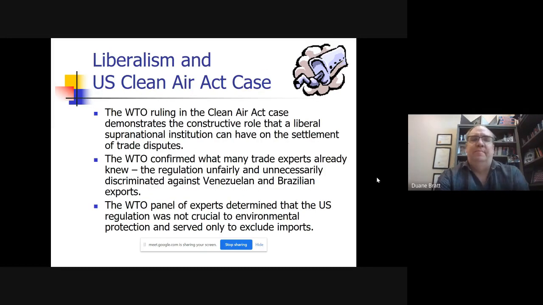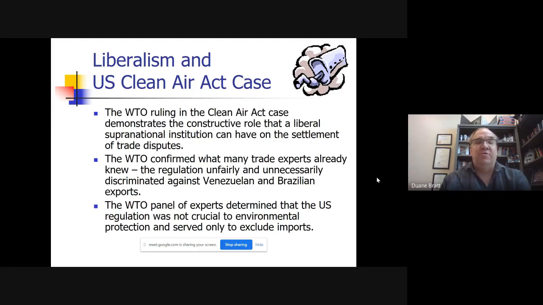What about liberals? Well, the liberal perspective is that the WTO ruling shows how important supranational institutions can be in settling trade disputes. And it shows that the WTO, by having a robust dispute settlement mechanism, was much stronger than the previous GATT.